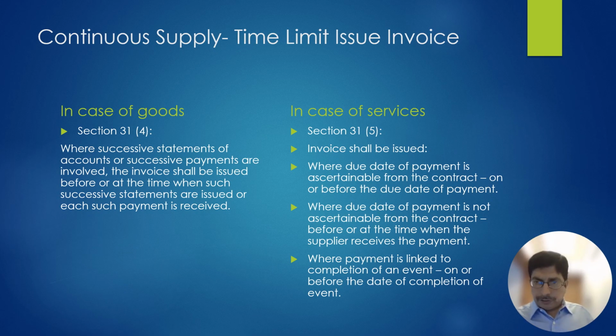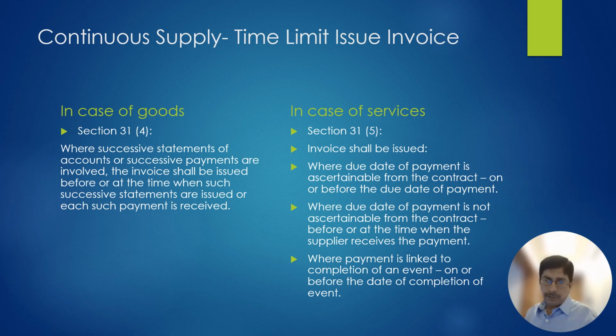In case of continuous supply of goods, when a successive statement is created, the invoice is to be raised on the date of issue of the statement or before that, and that is the time of supply. In case the invoice is not raised, then the date of receipt of payment is the time of supply.